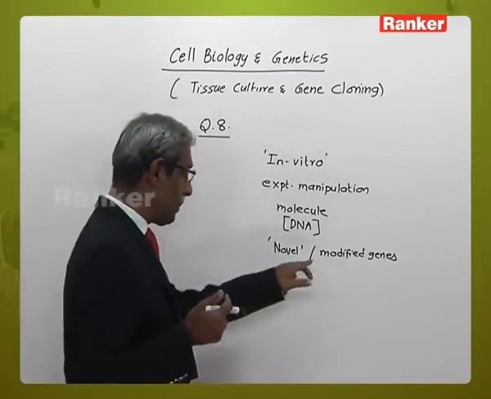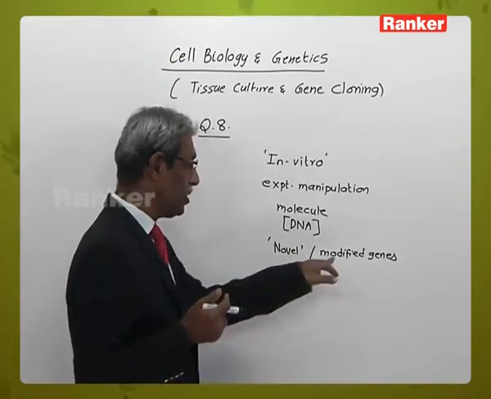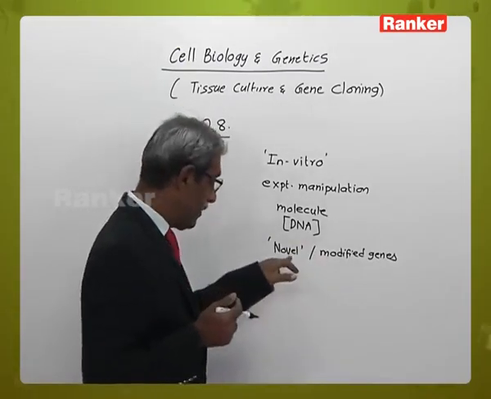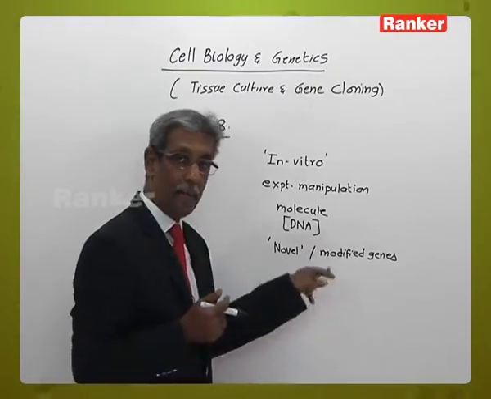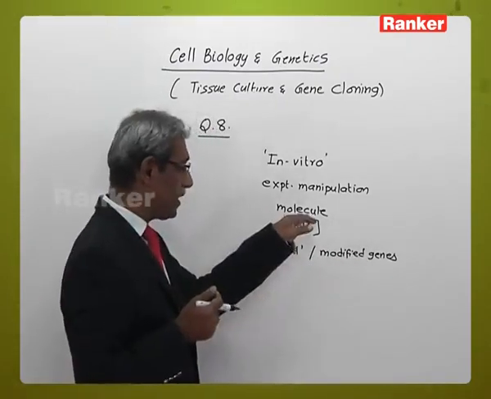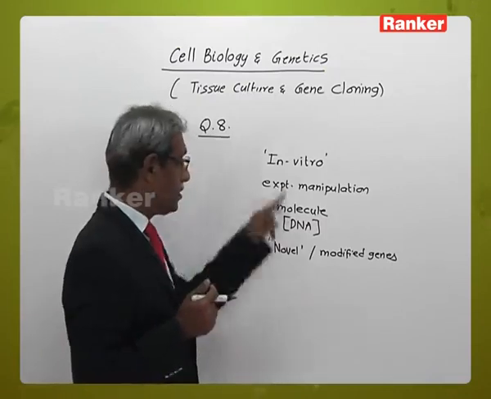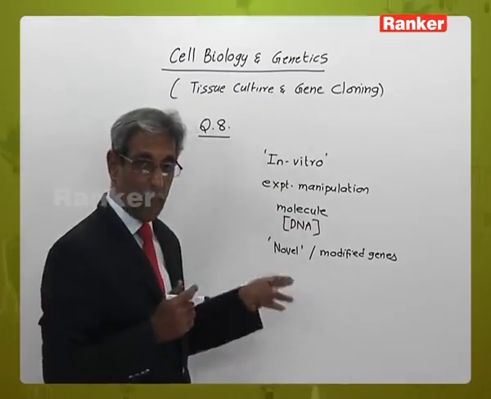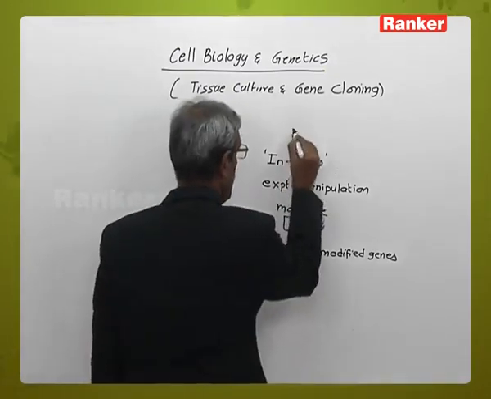So, all of these are primarily because of the presence of new genes or new proteins. So, we have normal and modified genes and proteins, especially with relation to manipulation of the molecule. This technique is predominantly termed as recombinant DNA technology.